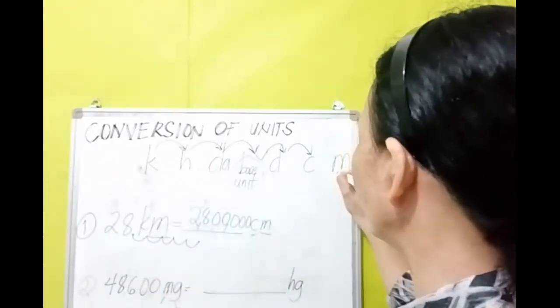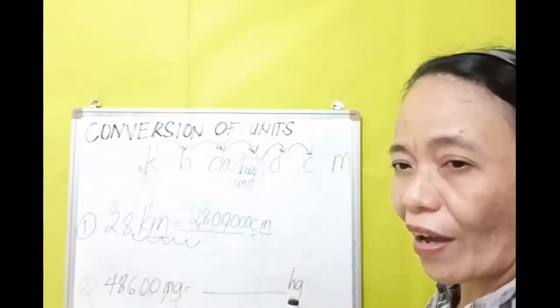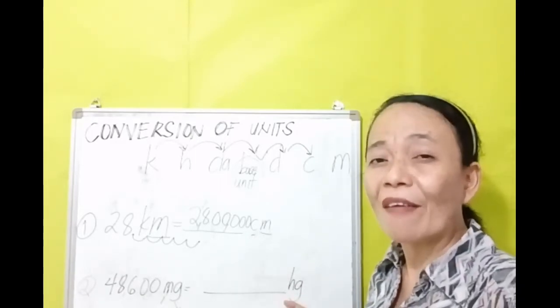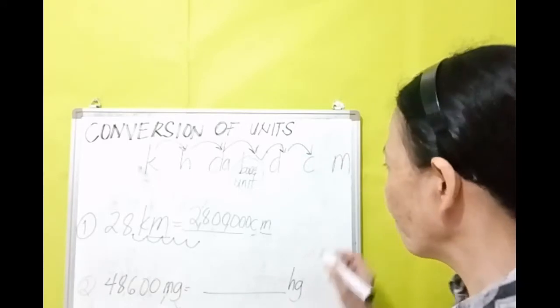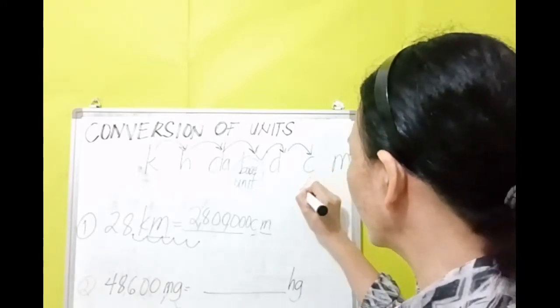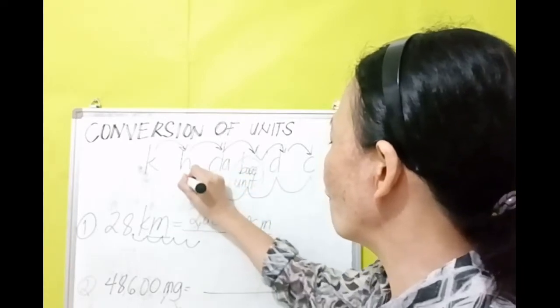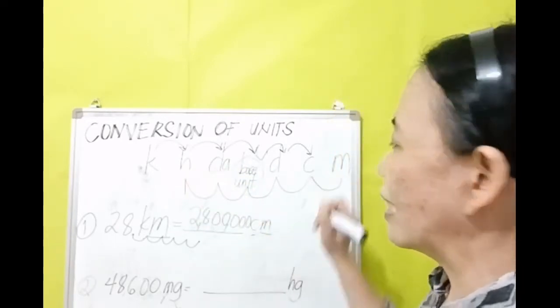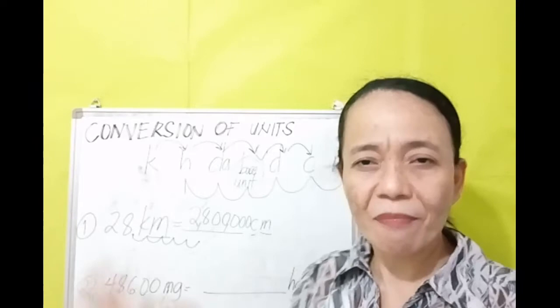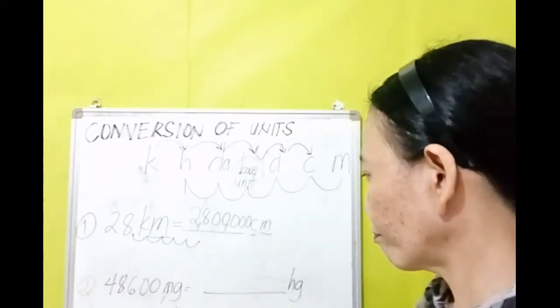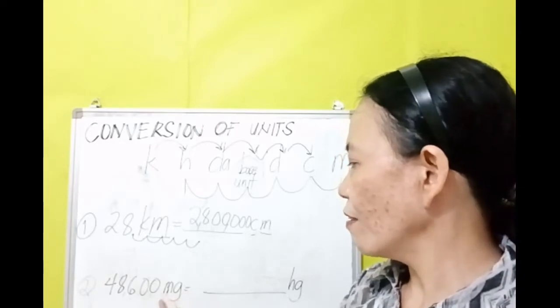So we're going to move now to hectogram. This is hectogram. Move 1, 2, 3, 4, 5. So again, there are 5 places from right to left. So let us count now.